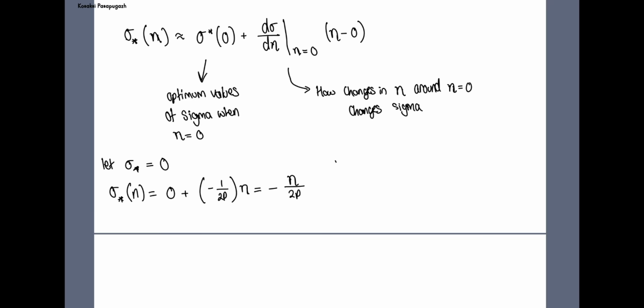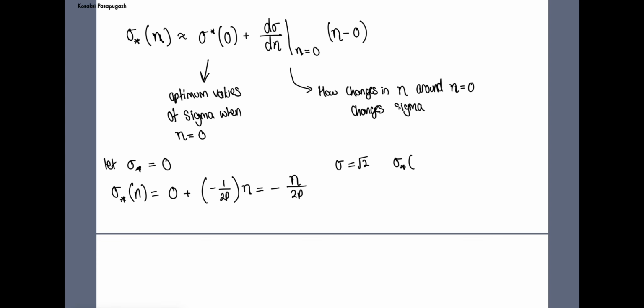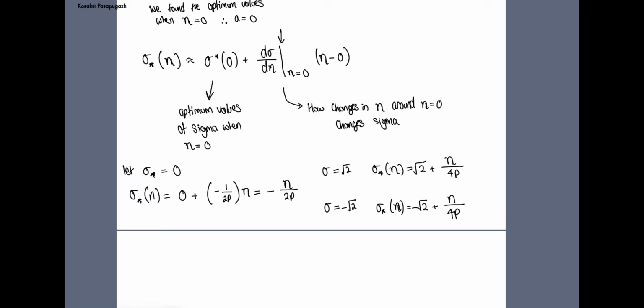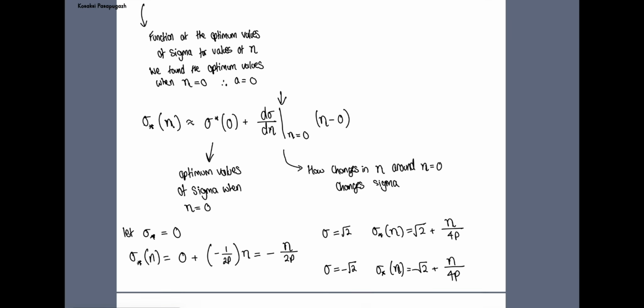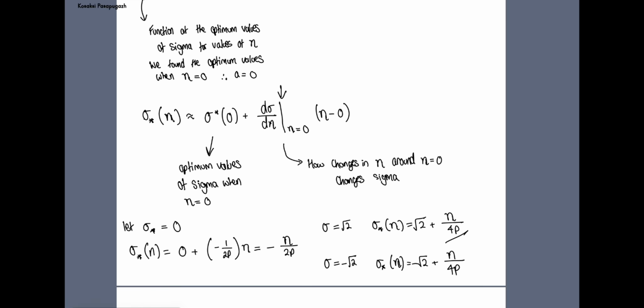If we do the same with theta is equal to root 2, we get sigma eta is equal to root 2 plus eta over 4p, and if we do the same with minus root 2, we get minus root 2 plus eta over 4p. So this is just me subbing in our values from over here into this equation and getting these answers.